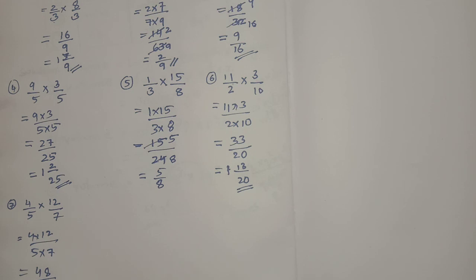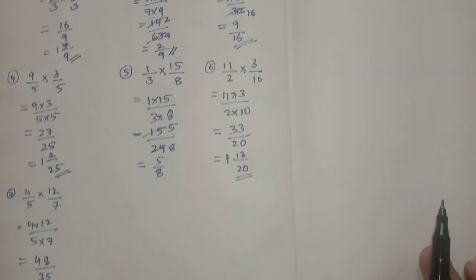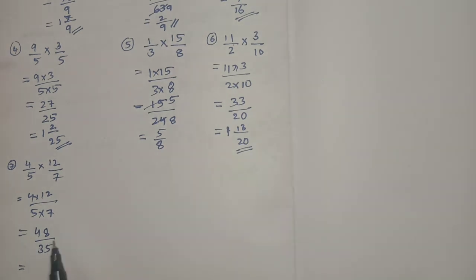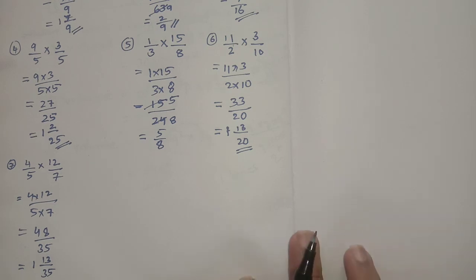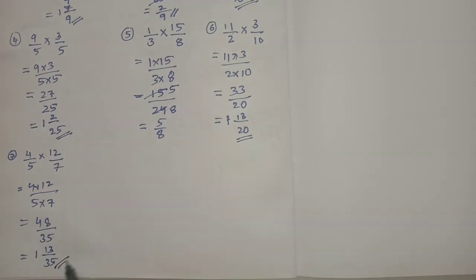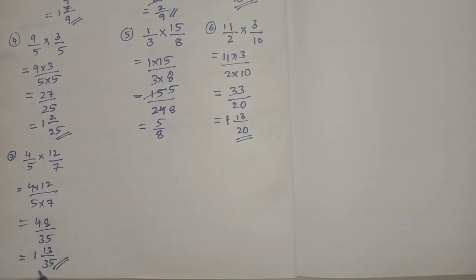Can we reduce? Yes, student, we can reduce, because denominator is less than numerator, so it can be written as 1 of 13 divided by 35. 35 ones are 35, then plus 13 will be 48 divided by 35.